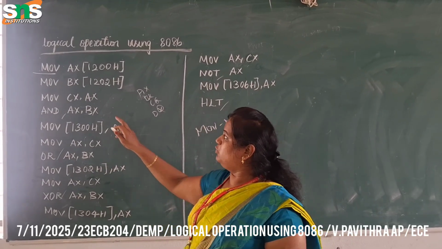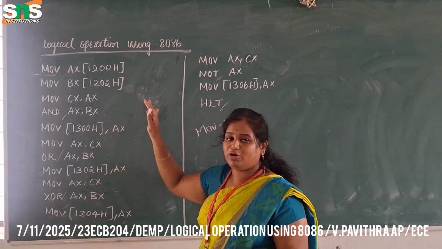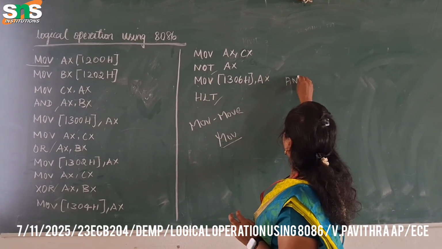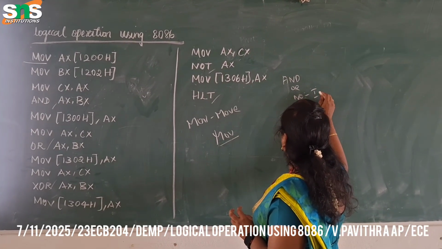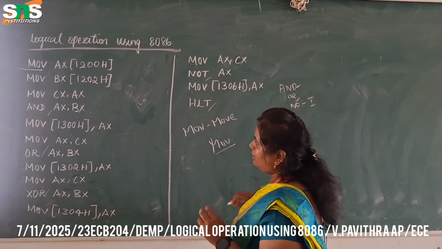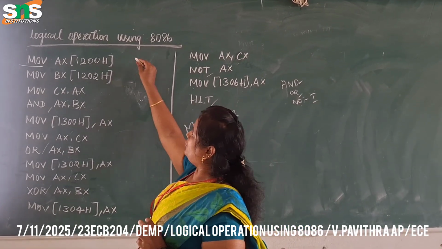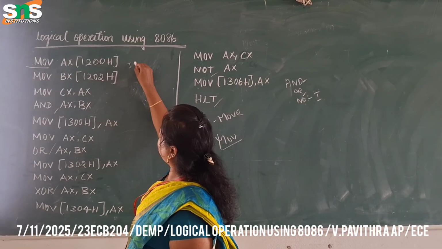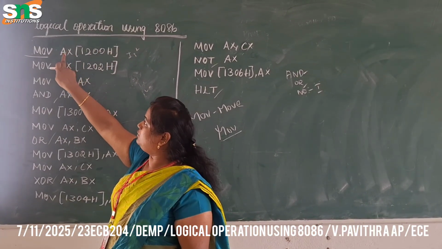So first of all, MOV AX, 1200. For logical operation we need two inputs. For example, for AND and OR we need two inputs, and for NOT we have only one input. So for the first input, I am going to keep the first value in 1200H, and we are going to move it into the AX.